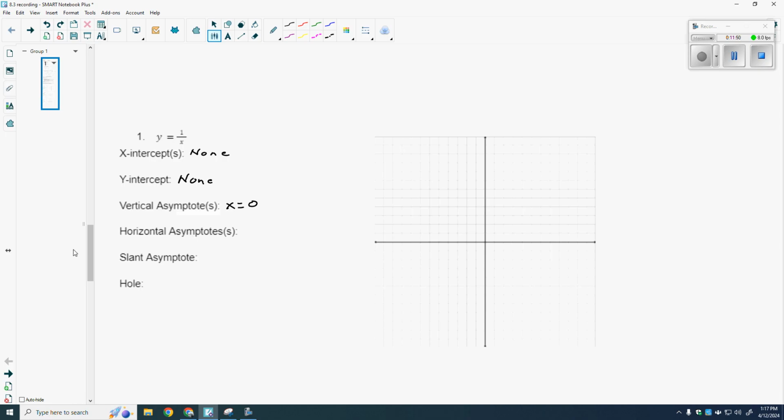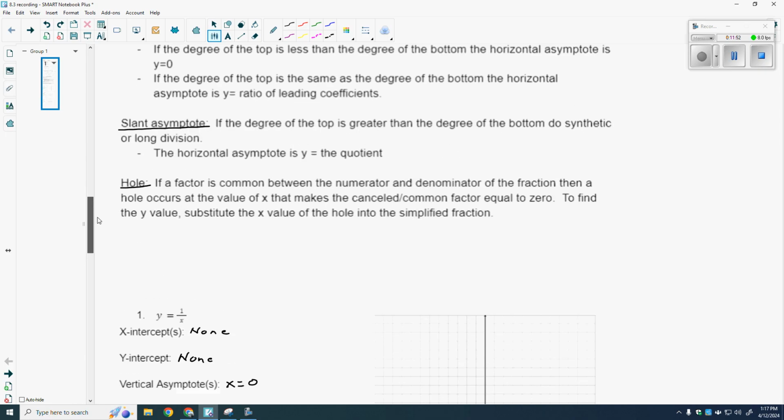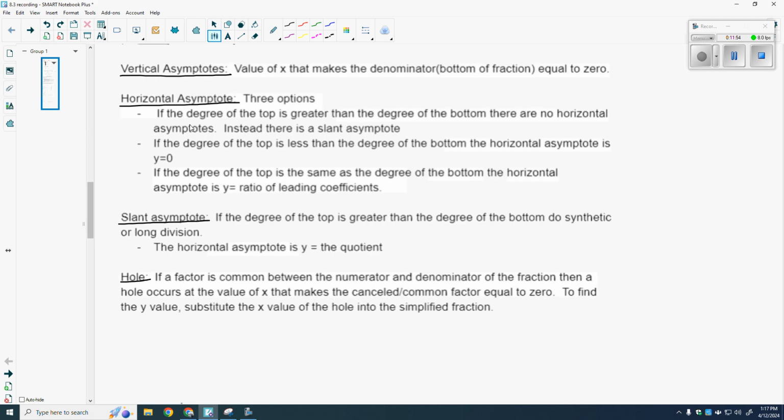And here's a tough one, horizontal asymptotes. So we have 3 options. We are going to look at the degree of the top compared to the degree of the bottom. So let's go back to chapter 3, polynomials. I think it was chapter 3. The degree of a polynomial, the degree of the top, is the largest exponent of the top.